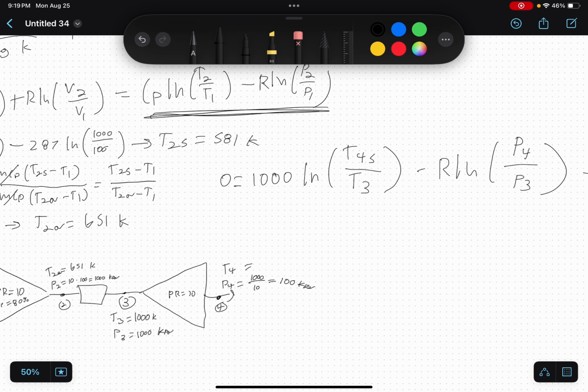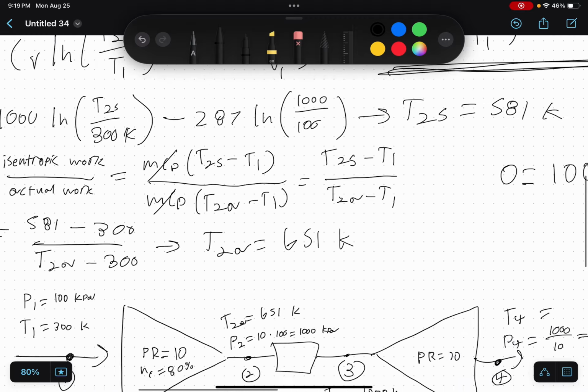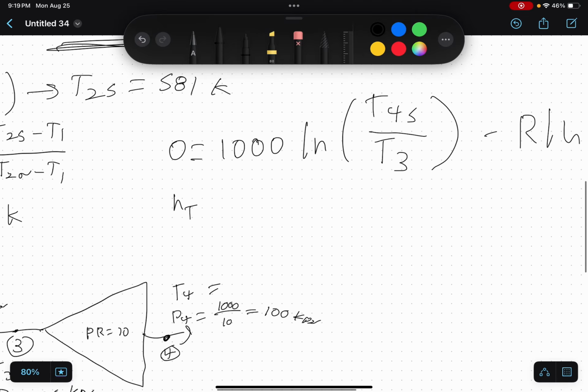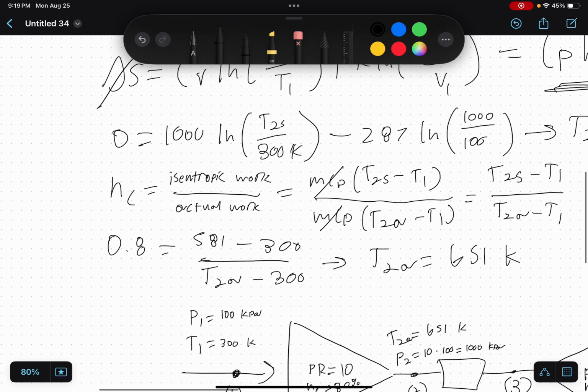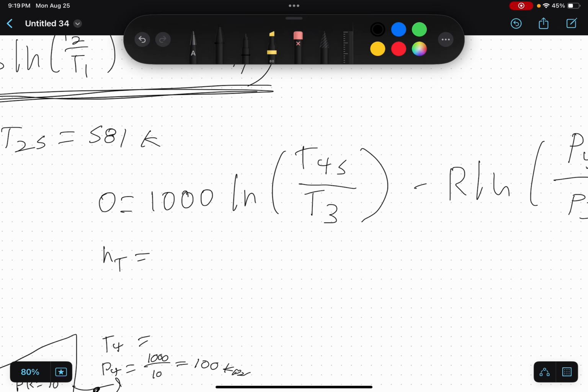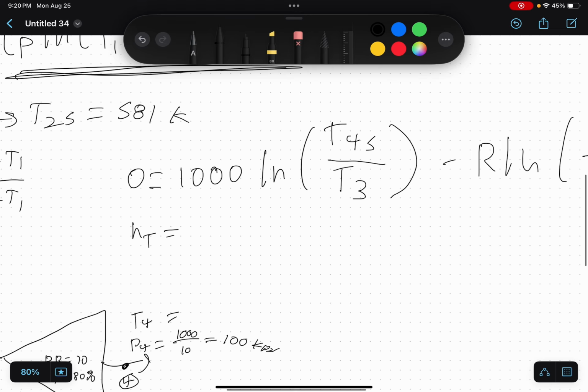But what is T4A? So let's do the exact same equation. Eta T for turbine efficiency, let's say it also equals 80%. However, this time, it is still isentropic over actual, at least it better be. Yeah, it is.